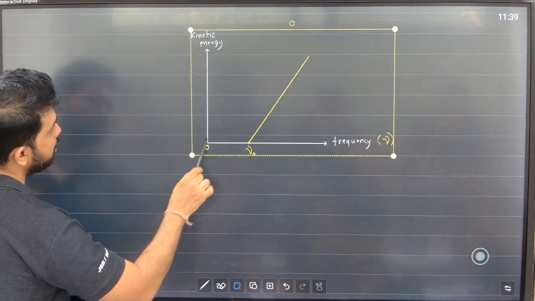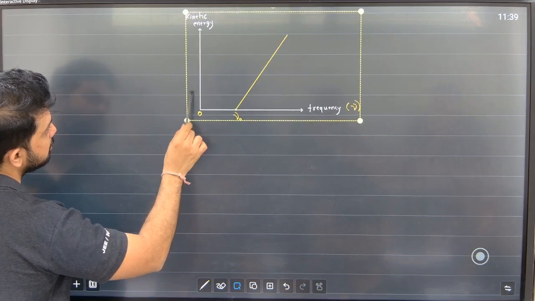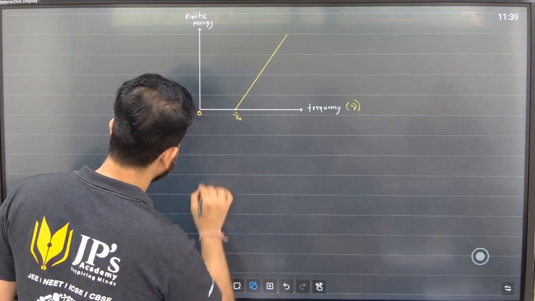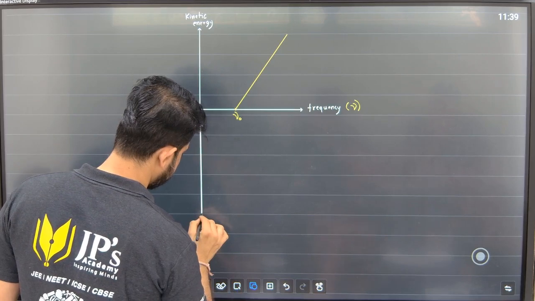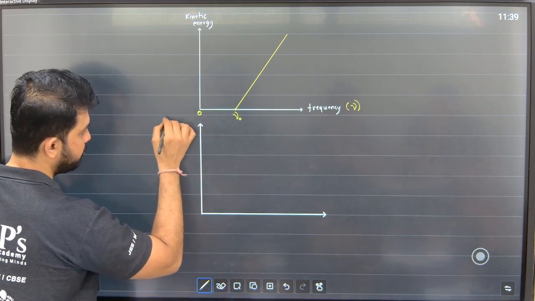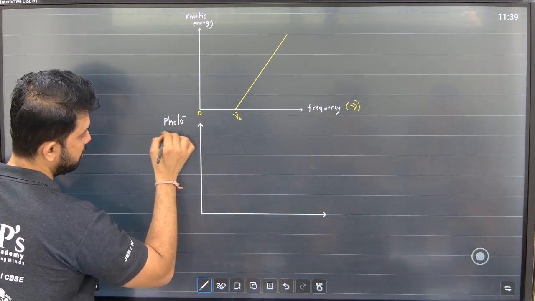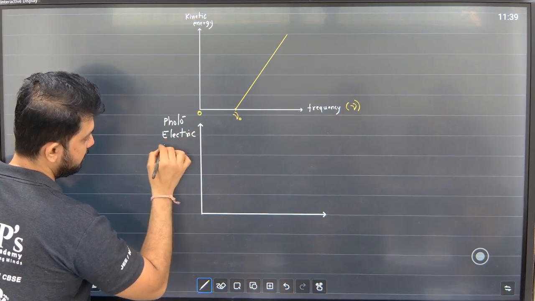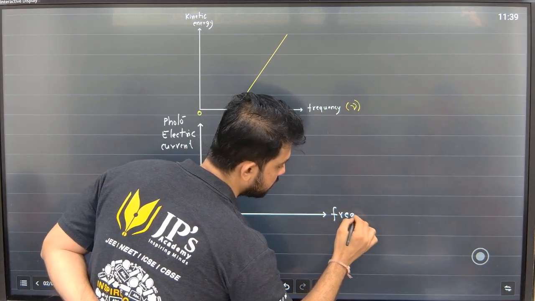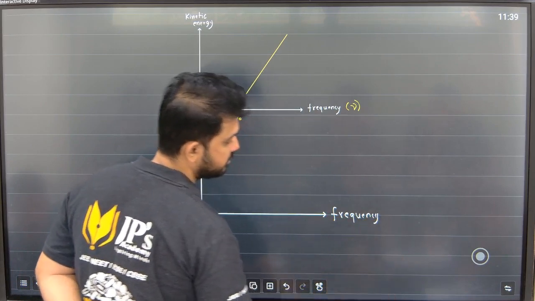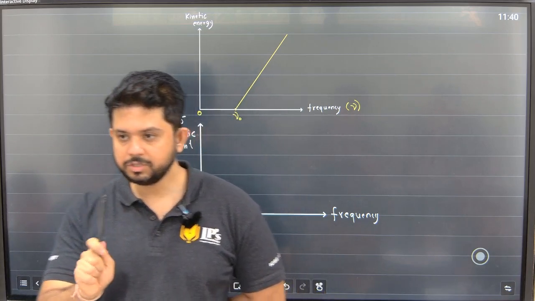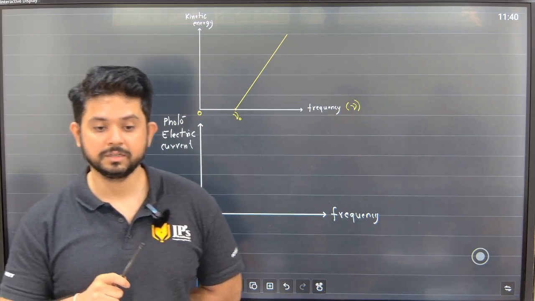But if I plot photoelectric current versus frequency, first of all, is there any relation between photoelectric current and frequency? No. Current was related to intensity.